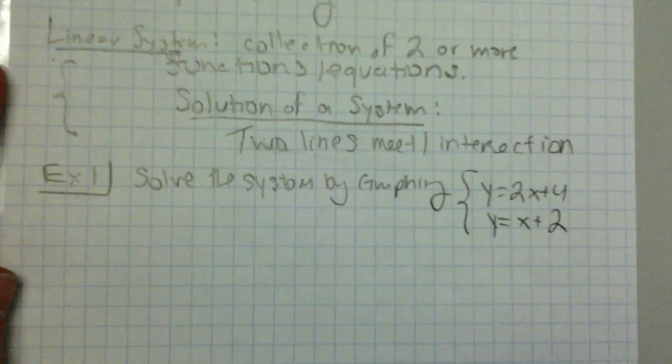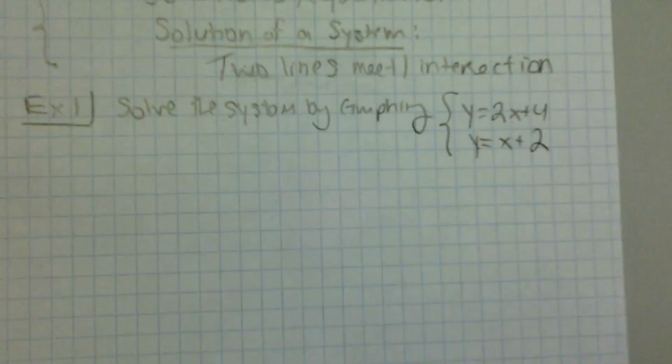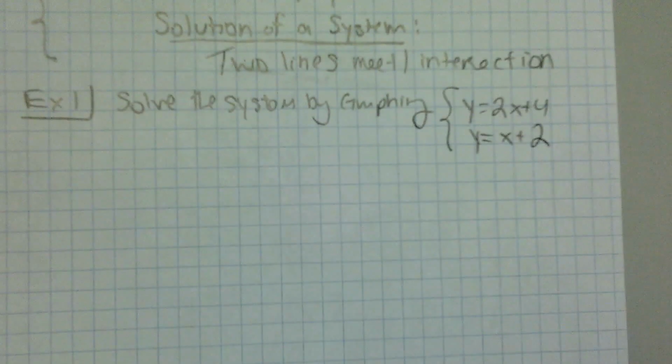So there's my system: y equals 2x plus 4, y equals x plus 2.